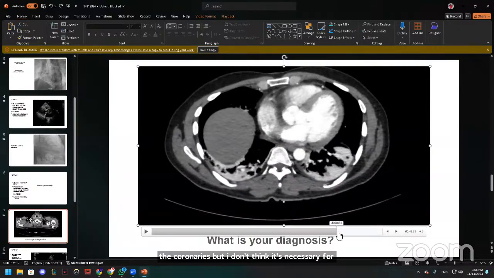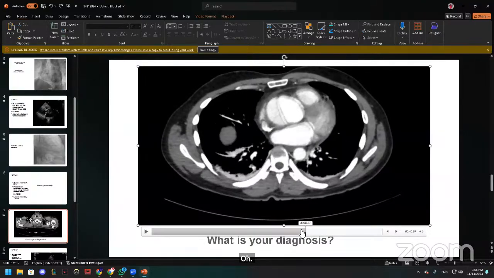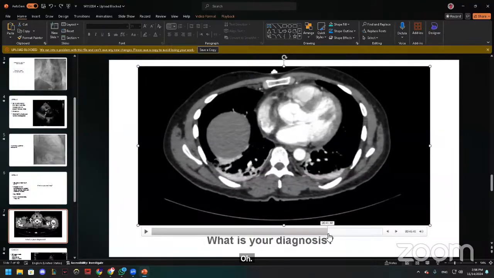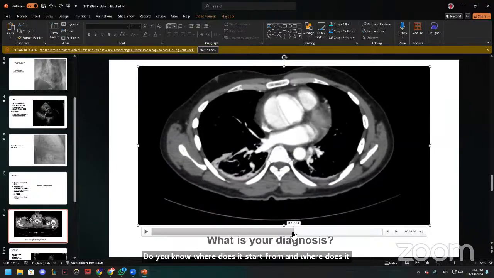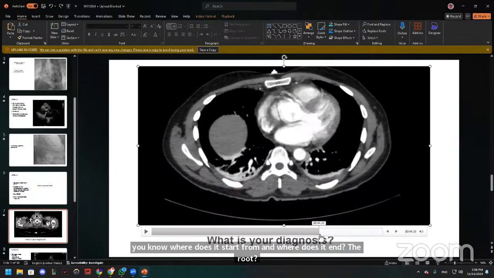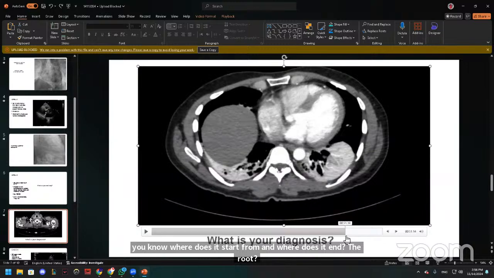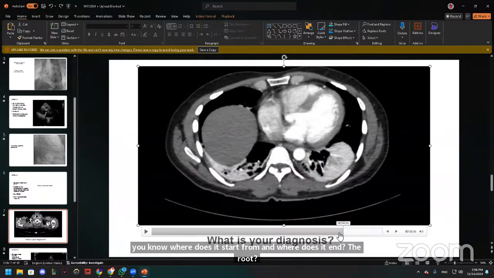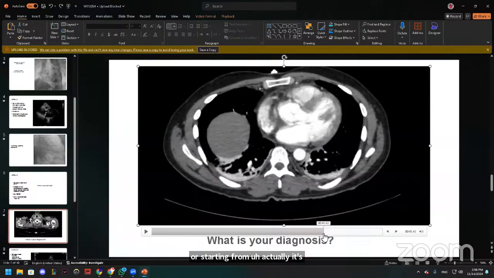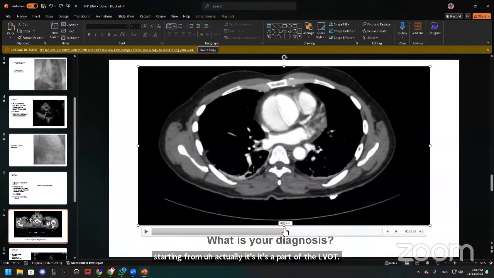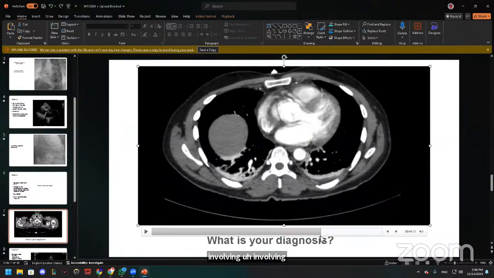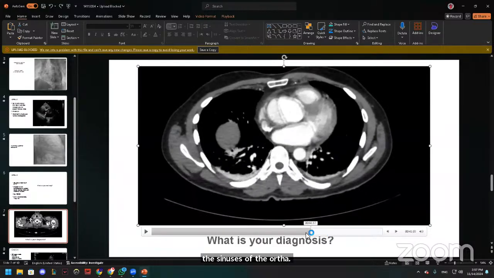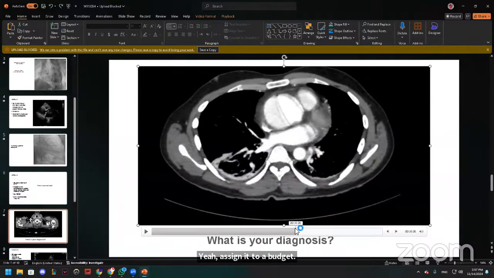Okay, but do you know where it starts and where it ends, the root? Actually, it's a part of the LVOT, involving the sinuses of the aorta. You mean till the sinotubular junction, right? Yeah, sinotubular junction. Here it's not clear whether the root is involved, to be honest, or not.